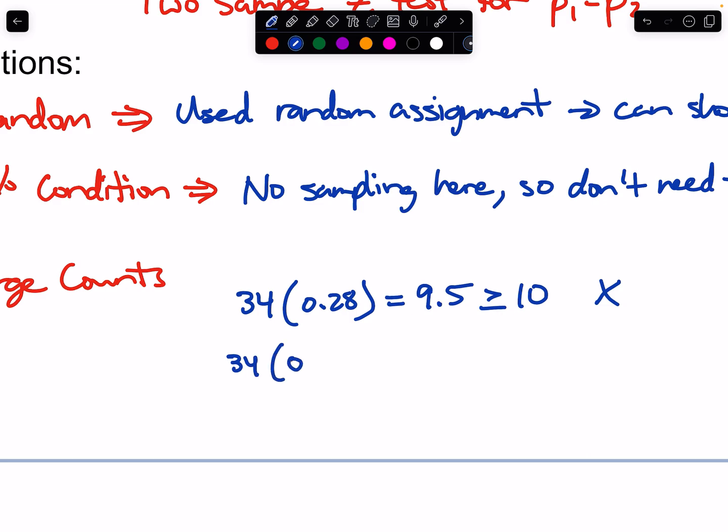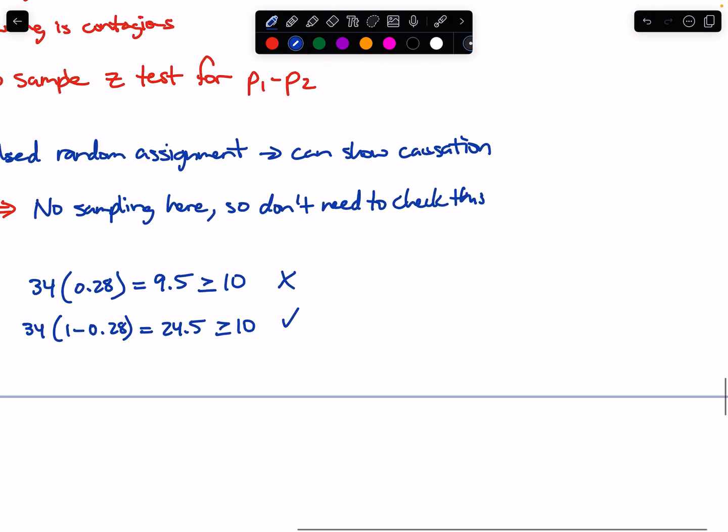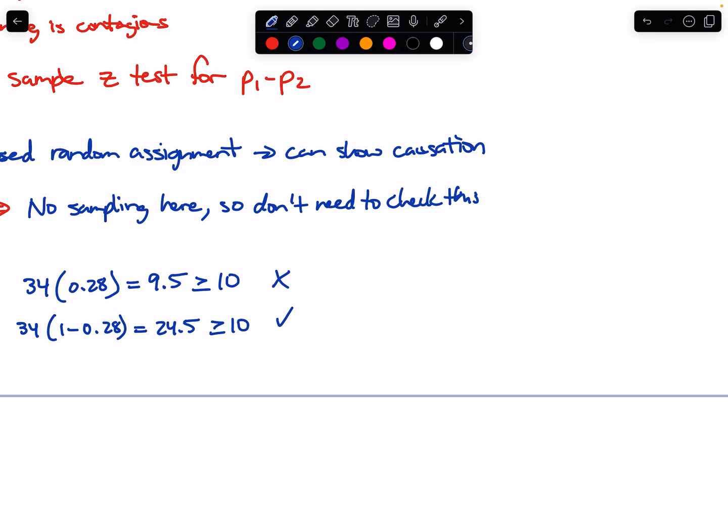Okay, we're going to check the rest of them just to see and get some practice here. So the fact that that one fails already kind of screws things up. So we have 1 minus 0.28. If we do that, though, we do get 24.5, which is greater than or equal to 10, which is good news. So that was with sample size 1. Sample size 2 was only 16. So 16 times 0.28, which hopefully you could see is going to be a smaller number, just because 16 is less than 34.